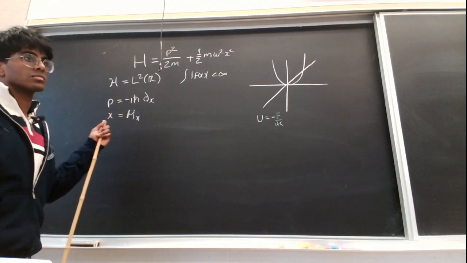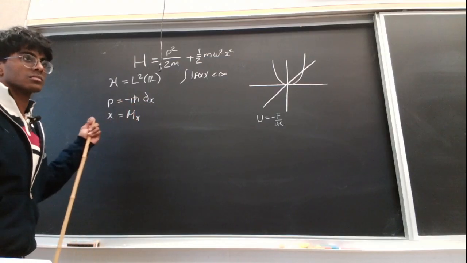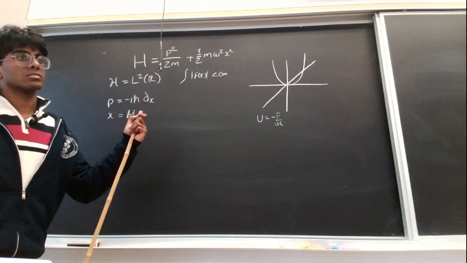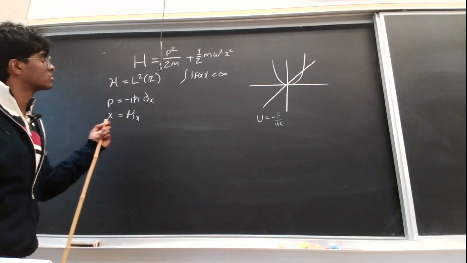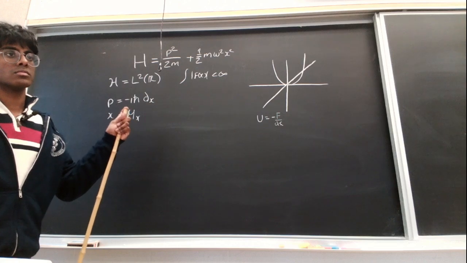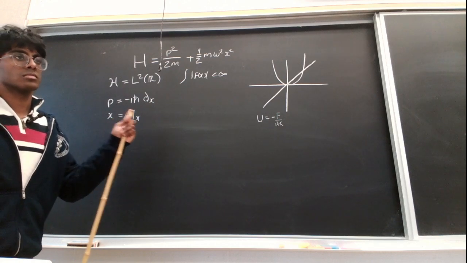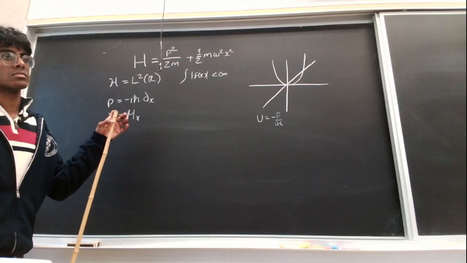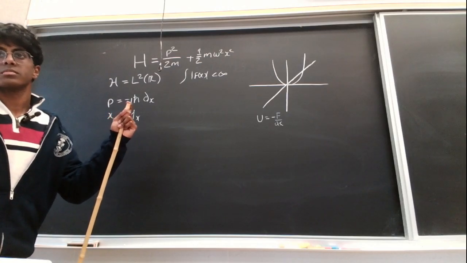Because if I look at any potential and I want to look at some low energy limit and expand it around the minimum, the first order term is an x squared term. That's it. That's just our approximation.